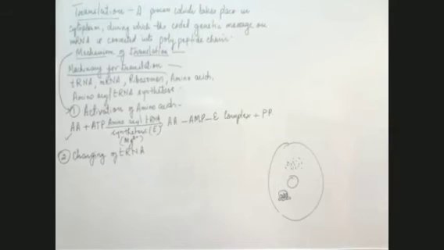Yes, bache. Acceptor site. Acceptor site is in ribosomes, beta. No, the acceptor site is in the ribosome, and that accepts the amino acid.